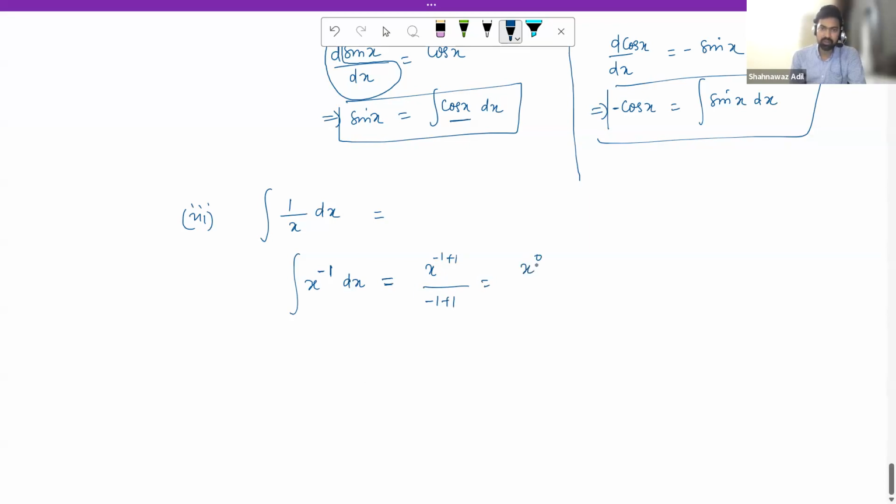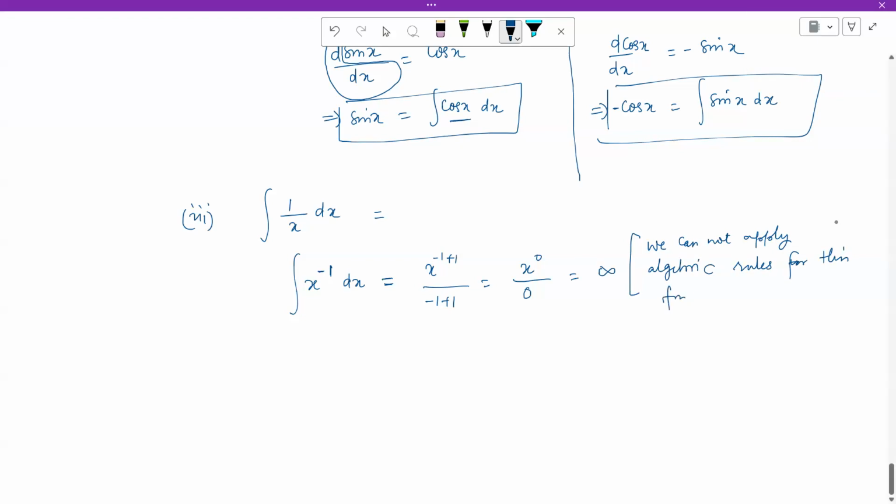Something divided by 0 is indefinite. So we cannot apply the algebraic rule for this function.